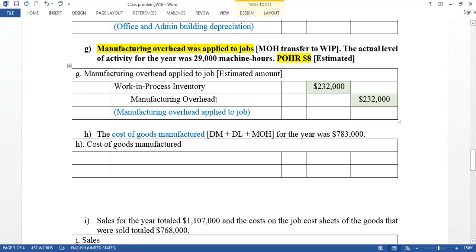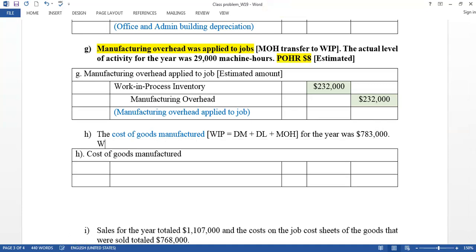Why? Because we look at here. We credit manufacturing overhead and we transfer the money to where? Transfer the money to the work in process. Now work in process equals everything. So cost of goods manufactured means the total amount of WIP, which includes direct material, direct labor, and manufacturing overhead. And if you remember the flow of cost, this WIP now transfers to where?